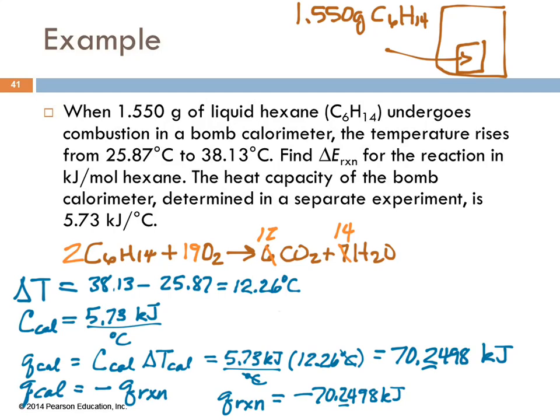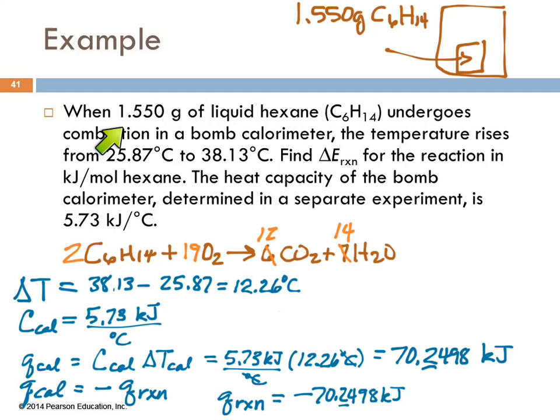What are they asking us to find, though? We found Q. They're looking for delta E for the reaction. And they want kilojoules per mole of hexane. This amount of heat in kilojoules is given off for how much hexane? For this much, right?